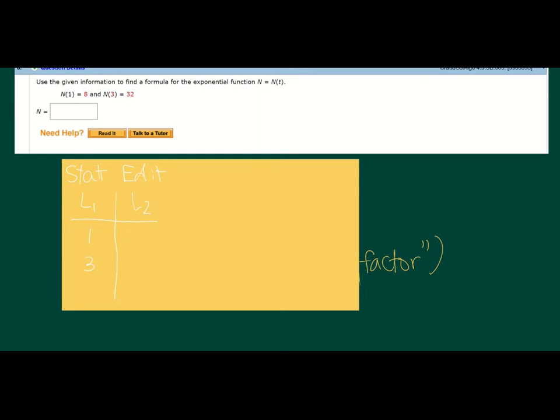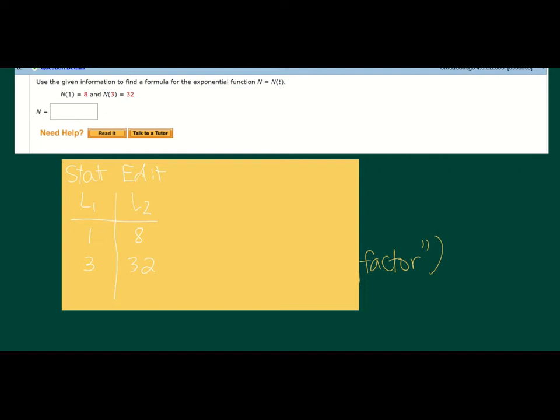My n values go into L2. That would be when t is 1, y is 8, and when t is 3, y is 32 here. I only have 2 pairs of data. I don't have a lot of data to give this calculator, but it's enough data to get a function of best fit.